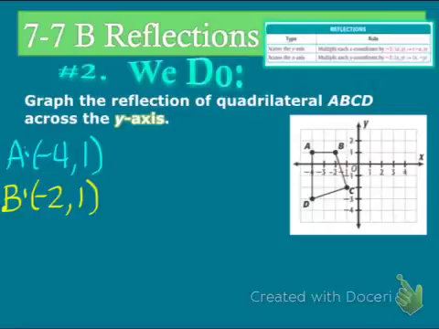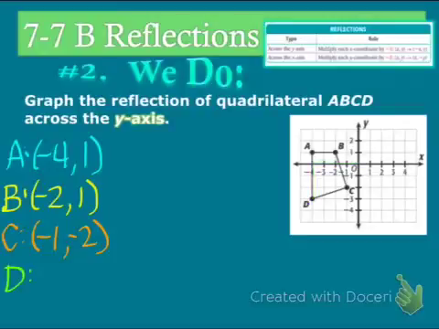For C, we are walking to -1 down 2. And then for our final point D, we are going -4 down 3. So that's how you'll name your coordinates to start with.